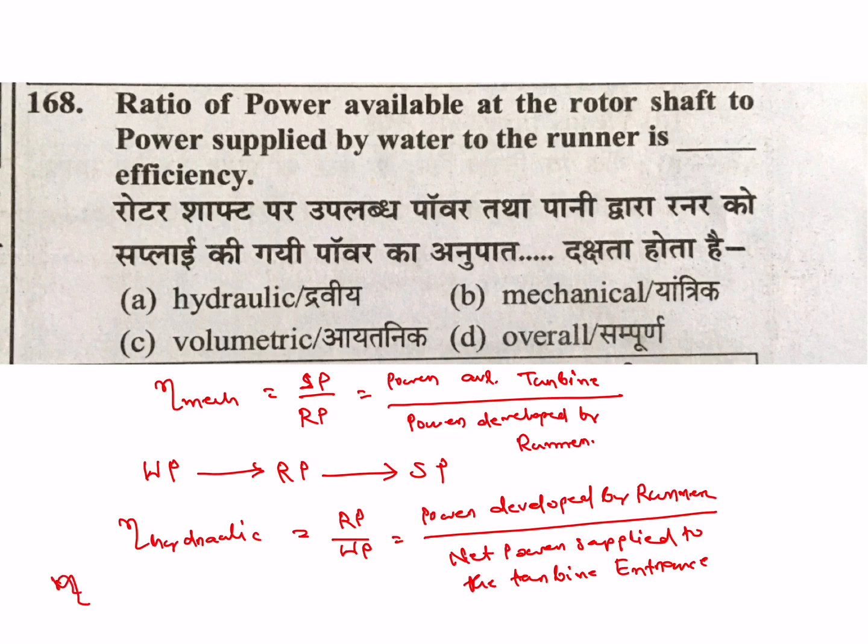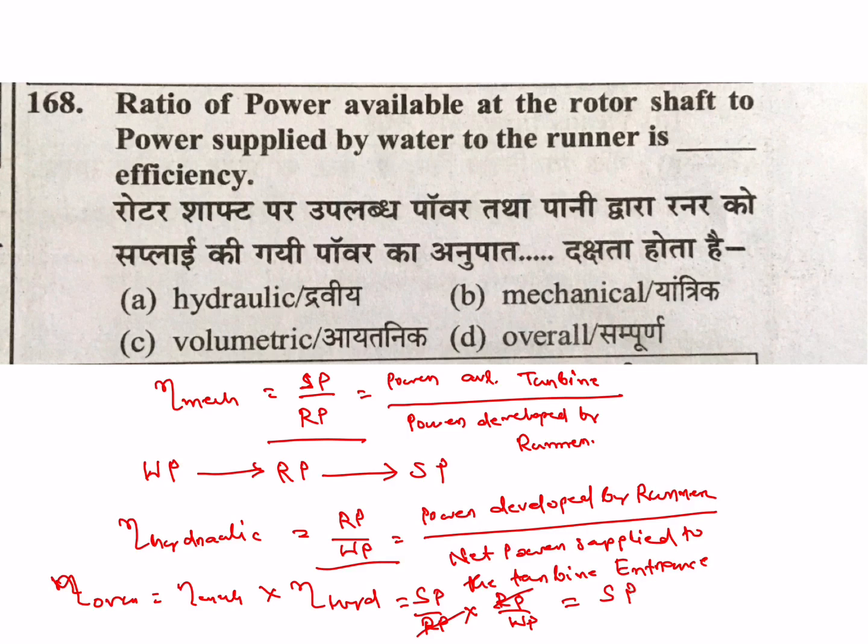Then overall efficiency: mechanical efficiency into hydraulic efficiency. Mechanical efficiency is shaft power by runner power, into hydraulic efficiency, runner power by water power. So finally you will get shaft power by water power.